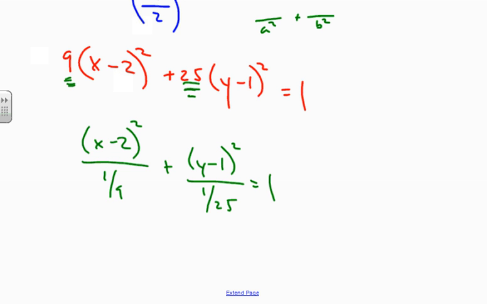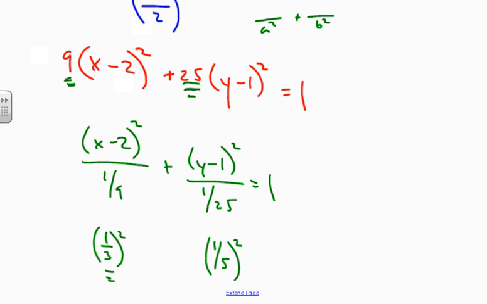That's going to help us because now it will allow us to identify the largest of the a values and b value. This is actually going to be something squared, so it's going to be 1/3 squared, and this right here is 1/5 squared. Now remember, the a value is always the largest of the values. And so what is the largest of the values? Well, we can obviously see that 1/3 is.